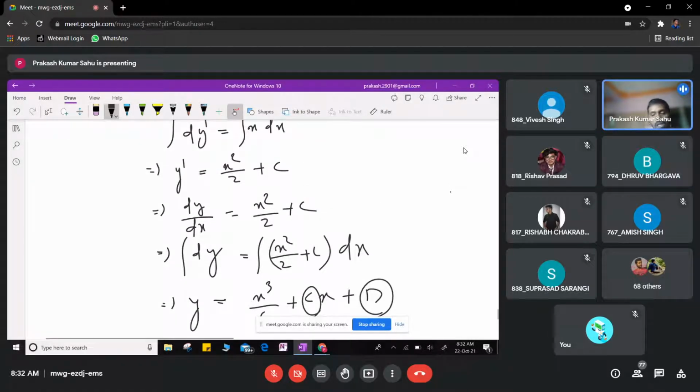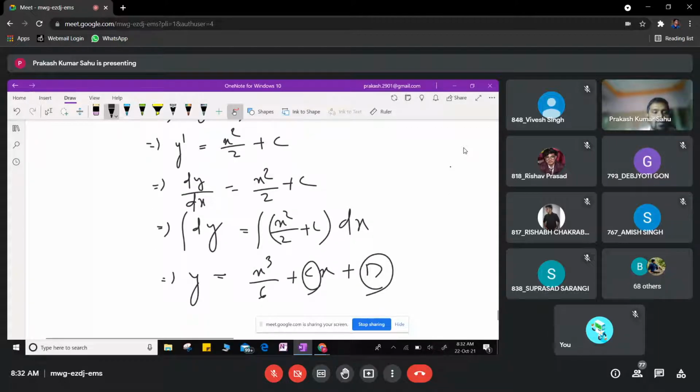So that means the general solution, if you solve an nth order differential equation, contains n arbitrary constants. Understood? Okay, so the general solution of an nth order differential equation contains n arbitrary constants.